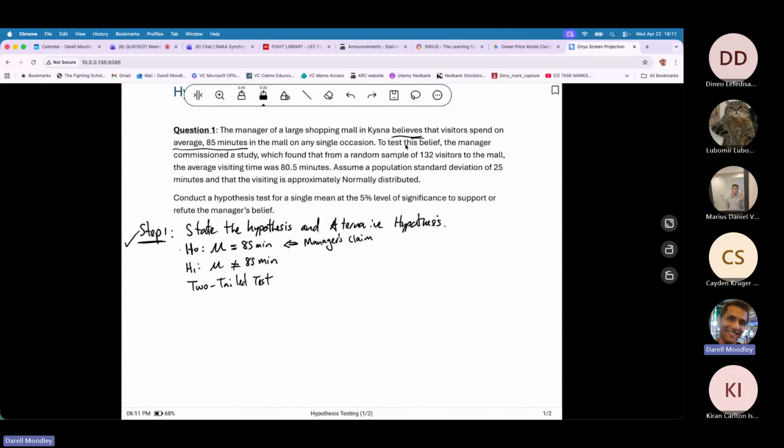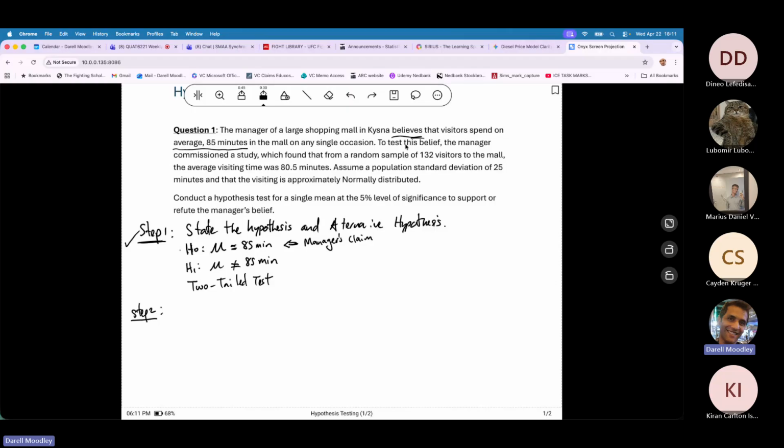Now we're going to move on to step two. All right. I would say from our hypothesis testing, remember we're going to have 5 steps, right? I would say step 2 requires the most amount of work. All right, it's not too much.